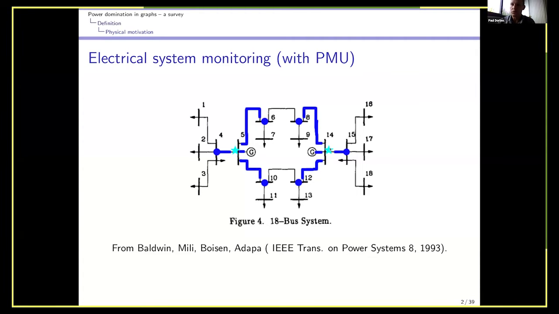And then we continue to use the physical laws. Ohm's law allows us to infer, from the fact that we know the status of bus number 6 and bus number 8, the current going through the wire from 6 to 8. And so we will monitor also this wire, and also the one from 10 to 12 with these two.